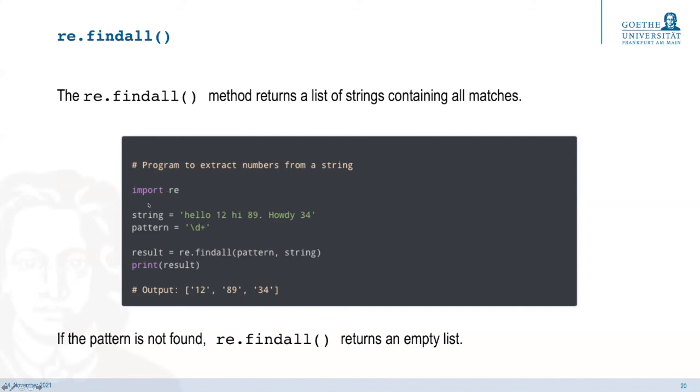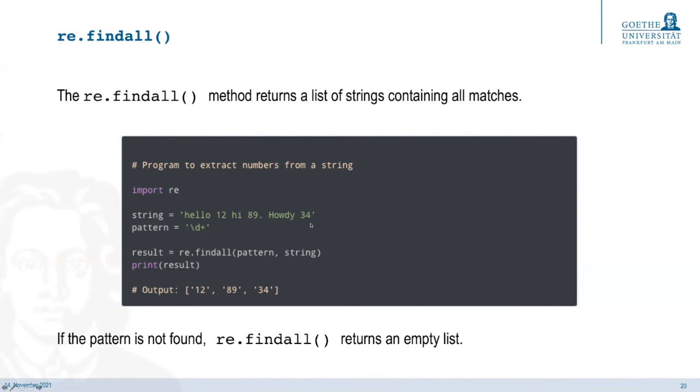So we import the module, we define two variables, a string to be tested and the pattern. Then we use the function findall. In this pattern, the backslash d refers to any digit, and the plus sign, as we saw before, means one or more occurrences.